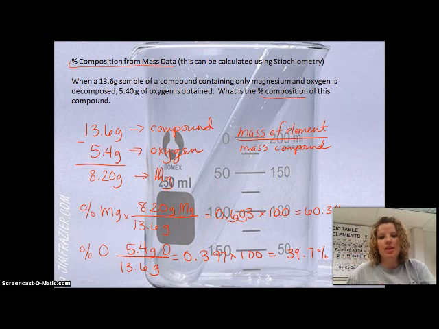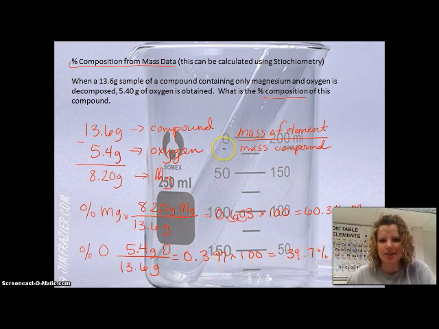Now, you would think that this would just correlate exactly with the number, but you got to remember these are different weights, so that doesn't necessarily mean there's more magnesium necessarily. Now, these percents always need to equal 100, which they do, so we know that this is our percent composition. So 60.3% of magnesium and 39.7% oxygen.